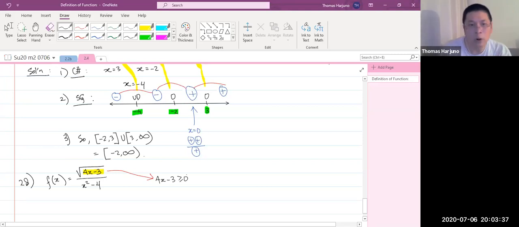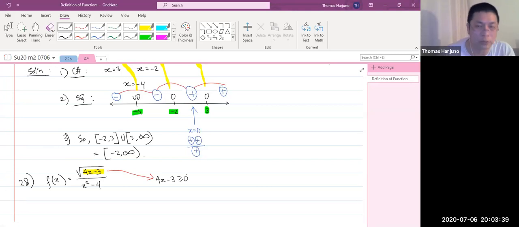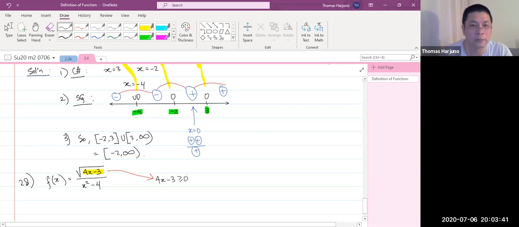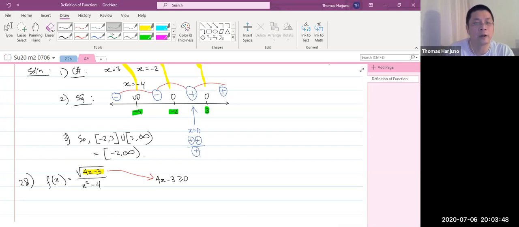Now, if that were in the denominator, then it cannot be 0. It has to be strictly positive. But this is in the numerator on the top anyway, so it's okay to be 0. But at the same time, the denominator cannot be 0.